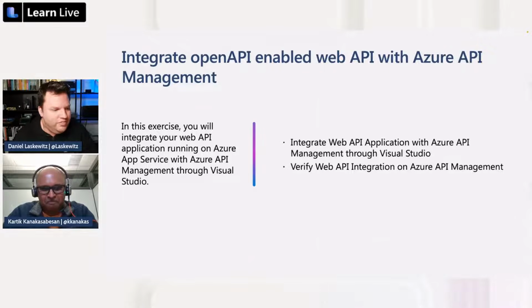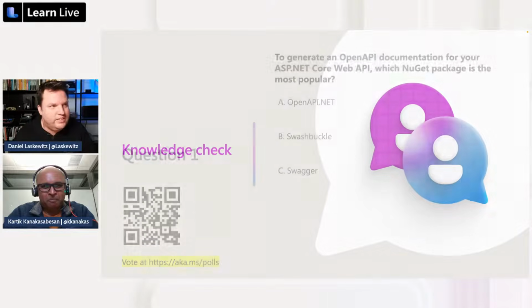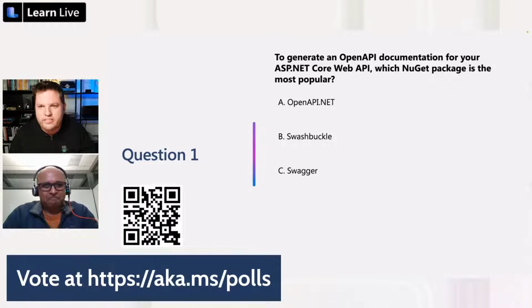Yeah, let's move on to the knowledge check. The first question is, to generate an OpenAPI documentation for your ASP.NET Core Web API, which NuGet package is the most popular? We have three answers here: OpenAPI.NET, Swashbuckle, and Swagger.